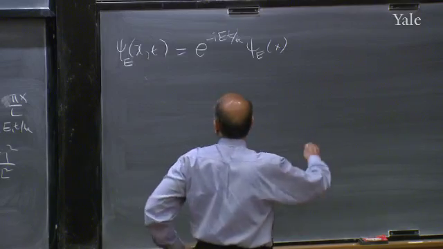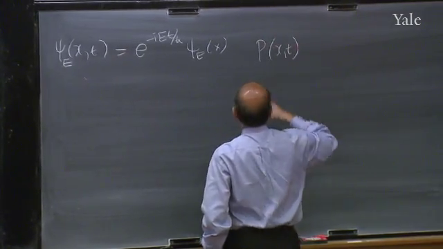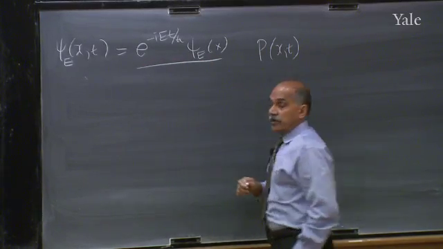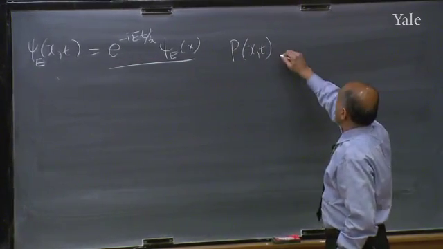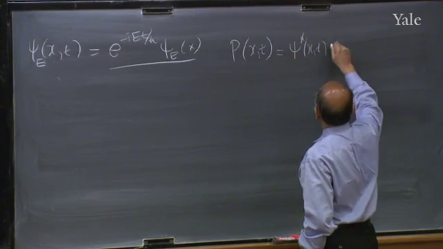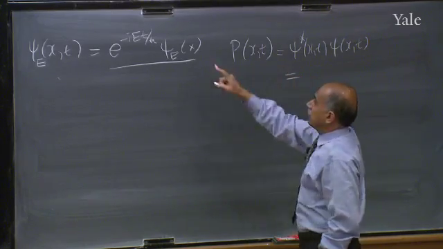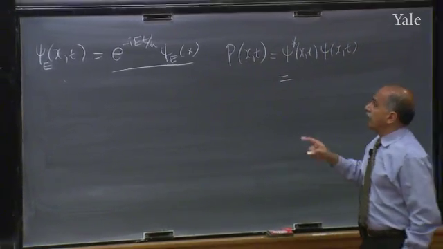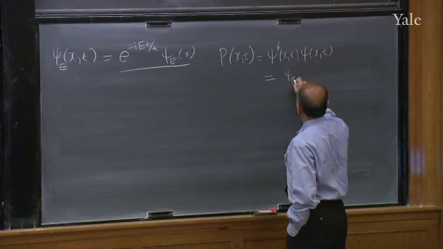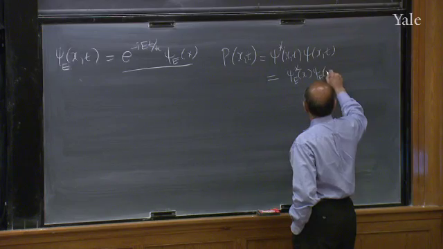Let us ask, what is the probability that the particle is at x at time t for a solution like this? You know the answer is psi star of x,t times psi of x,t. And what do you get when you do that? You will get psi_E star of x times psi_E of x.